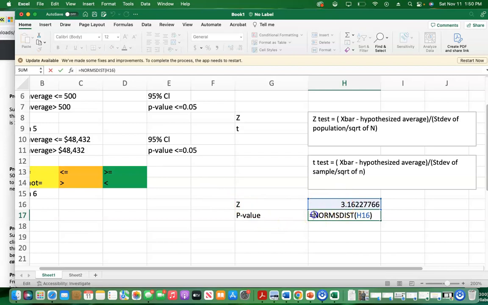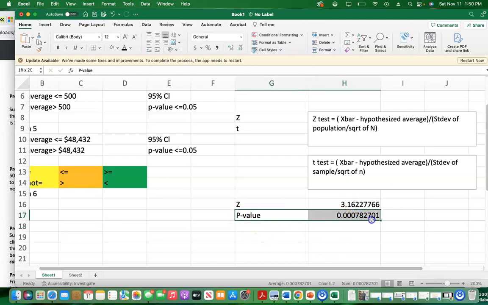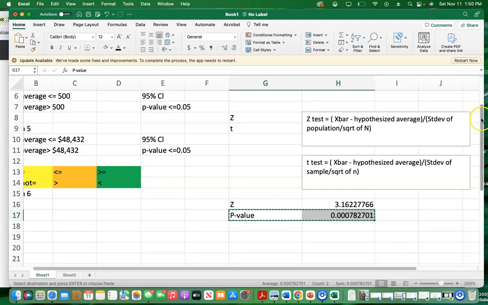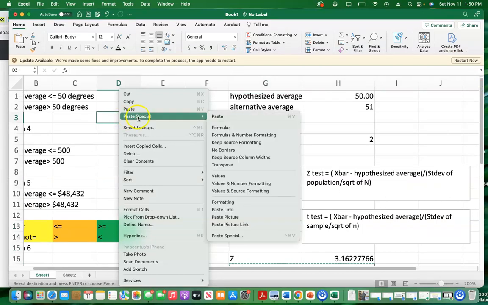And when the z-value is positive, please type 1 minus this function, norms dist. And if you enter, then you will get this probability value. So I'm going to copy this and bring it up here, but I'm going to paste it just as values.